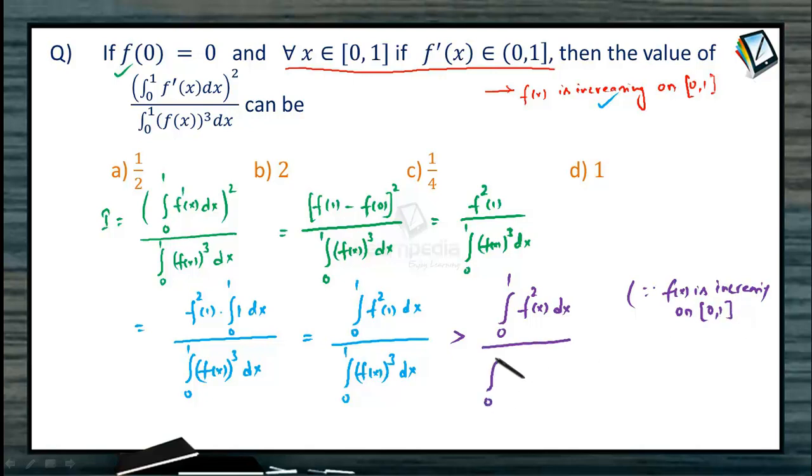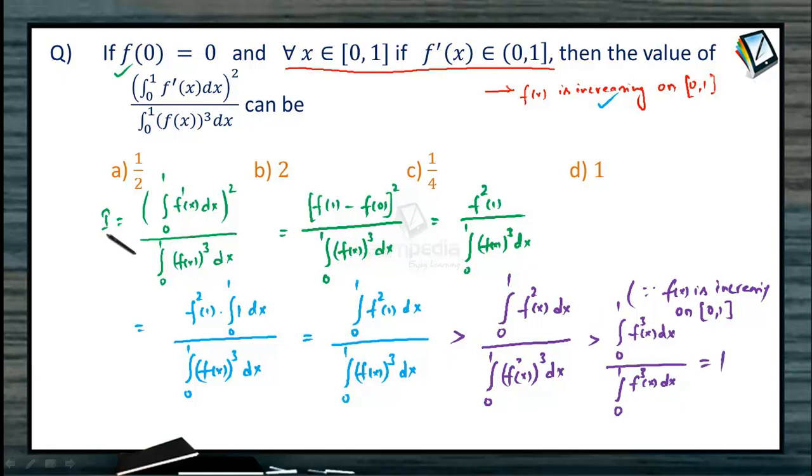The denominator we'll keep as it is, f of x whole cube dx. Now as the function is increasing, f square will be still more than f cube. So this value would be greater than integral 0 to 1 f cube of x dx by integral 0 to 1 f cube of x dx, right? That is 1.